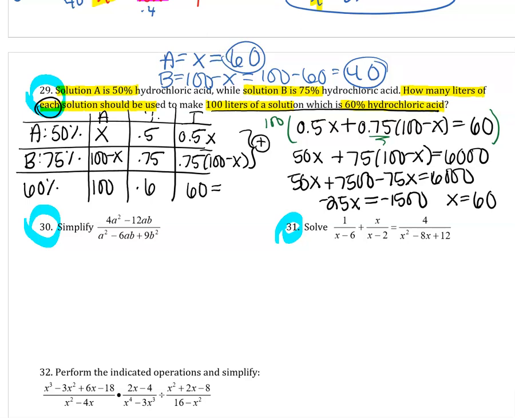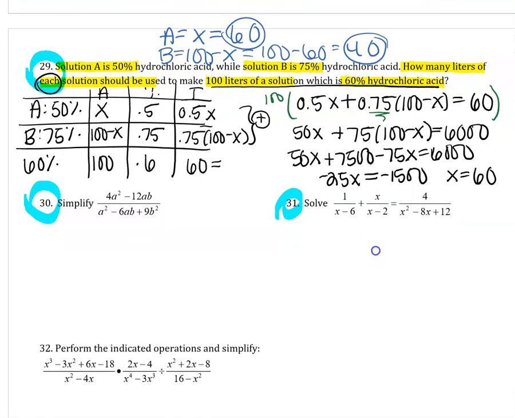All right, going on to question 30, where it's a little bit of a harder factoring. In the numerator, it looks like you can pull out a GCF of 4a. And in the bottom, this is actually an AM factoring, or you can use guess and check to factor this.